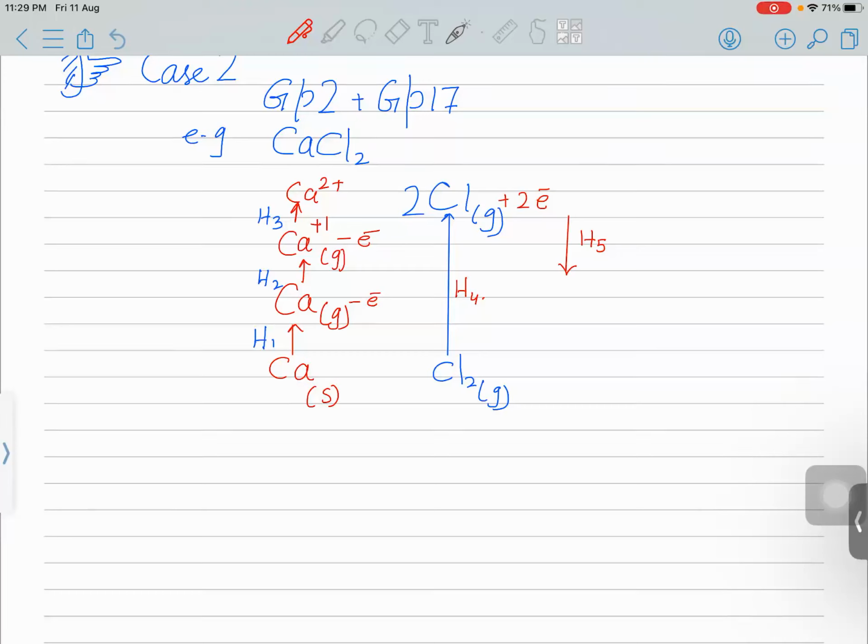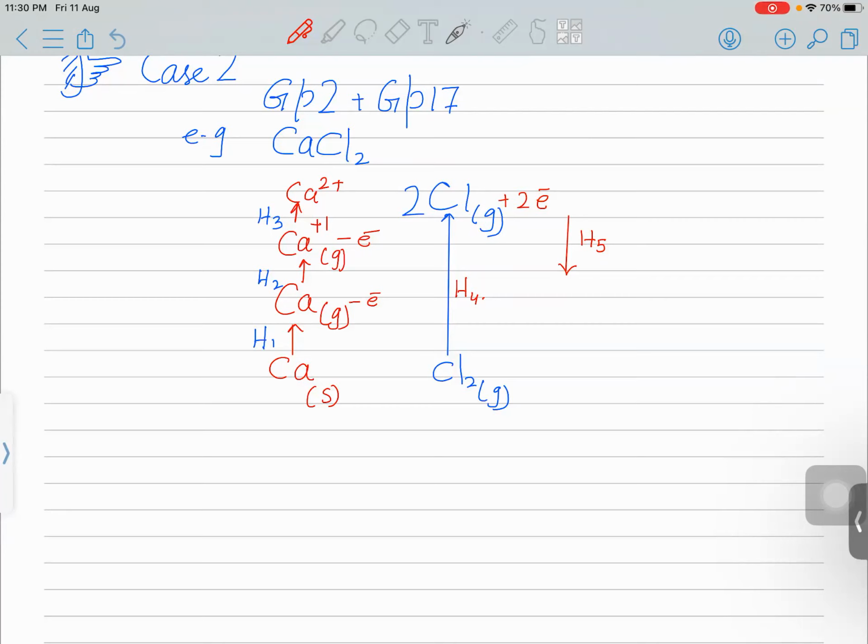Fahim, can you repeat why the first electron affinity is exothermic? Because the nucleus has a positive charge, because of the attraction between protons and negatively charged electrons.